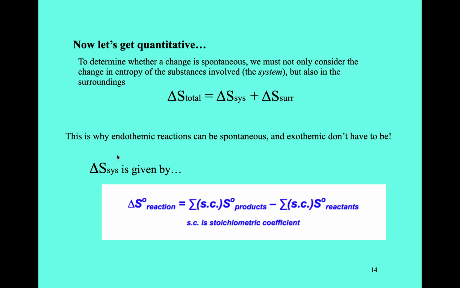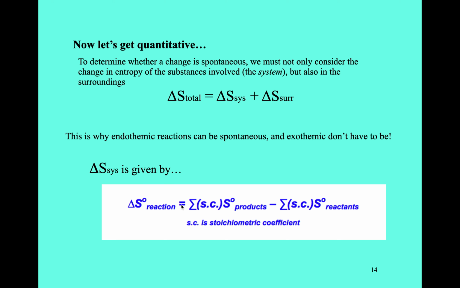The system entropy we can calculate using an equation a little bit like the enthalpy change for a reaction when you have the standard enthalpy of formation of the products and the reactants.